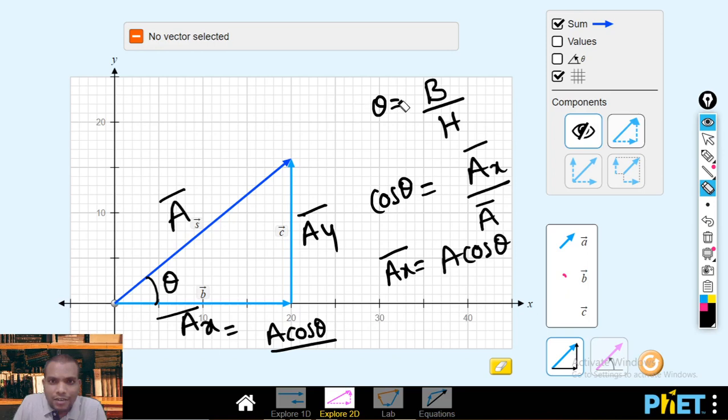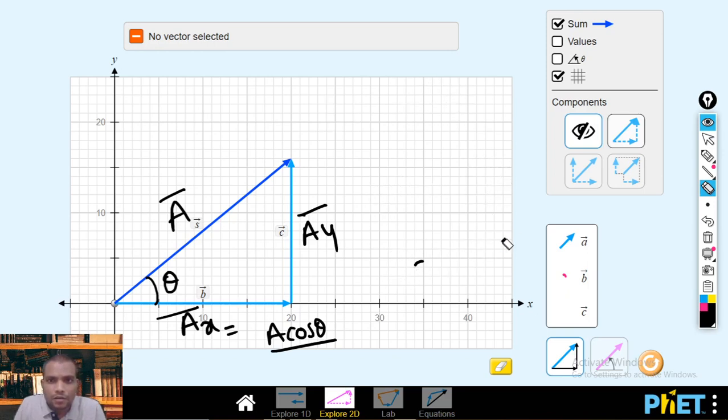And let me try to get another vector, ay, sin theta. To get that, this time I am taking sin theta. What is the sin theta ratio? You can write that as perpendicular by hypotenuse. So sin theta equal to, what is the perpendicular value here?